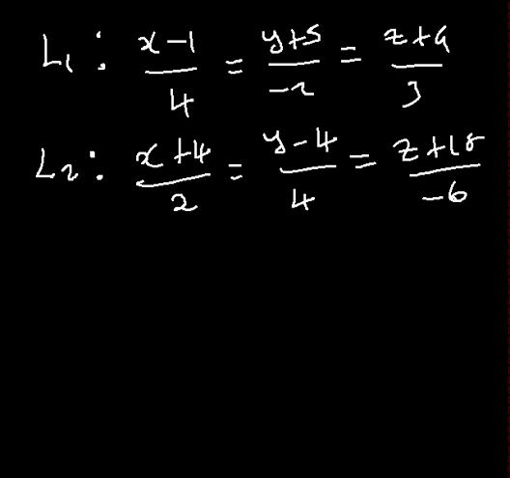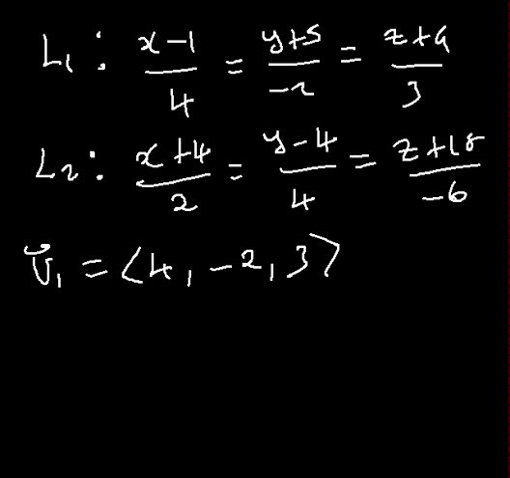So how do you think we determine if these two lines are parallel or not? The first thing is that we have to determine the direction vector for the first line, whose components are given as: a is 4, b is negative 2, and c is 3.